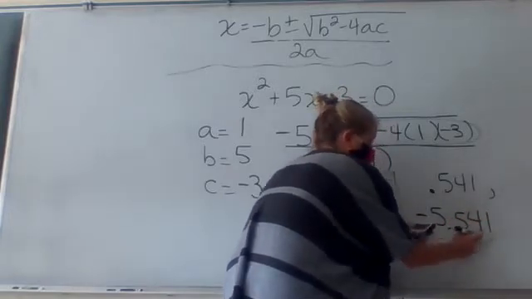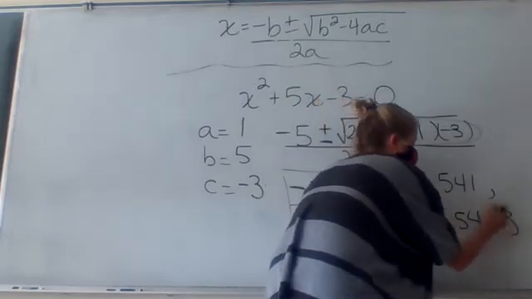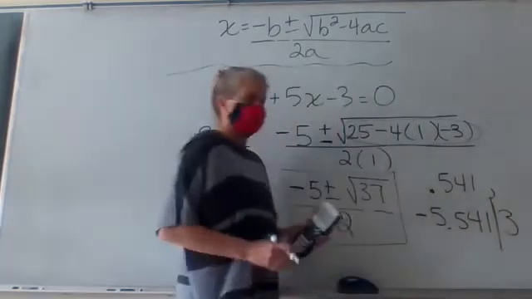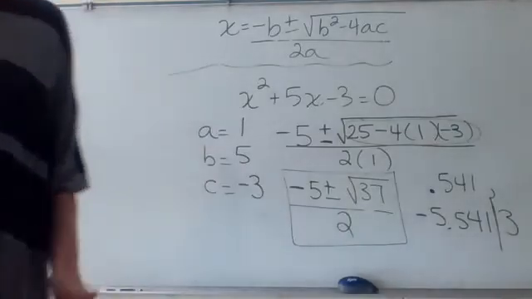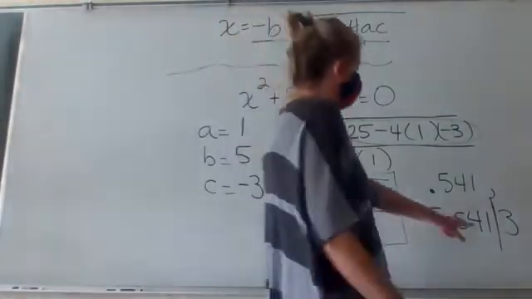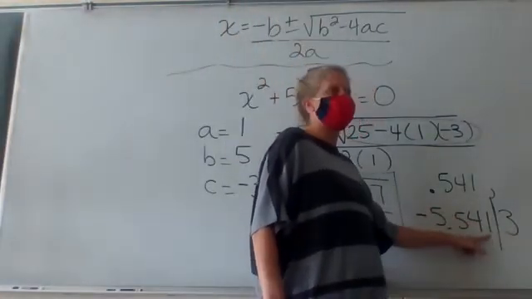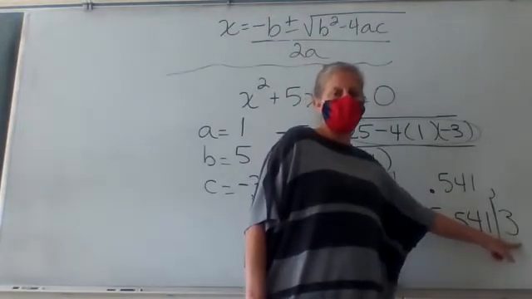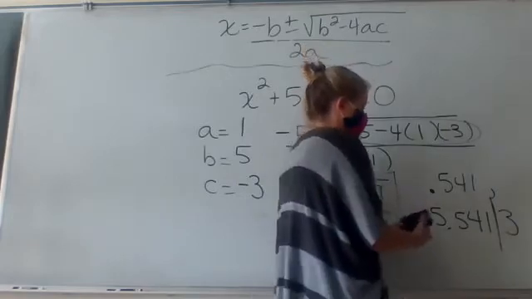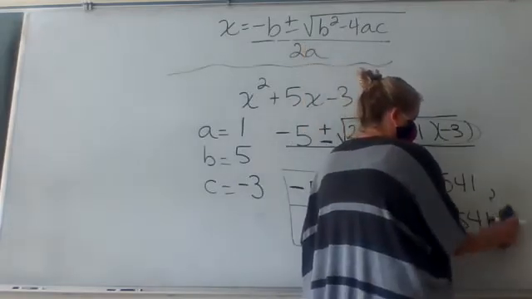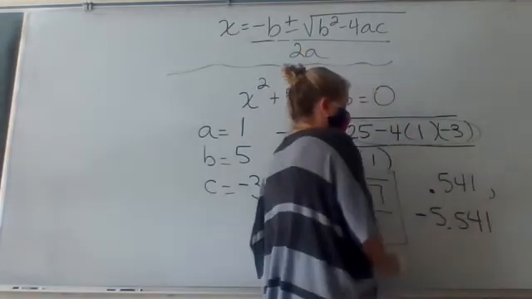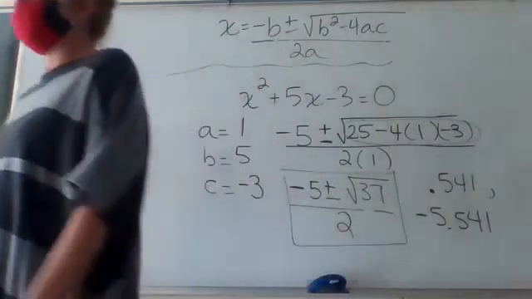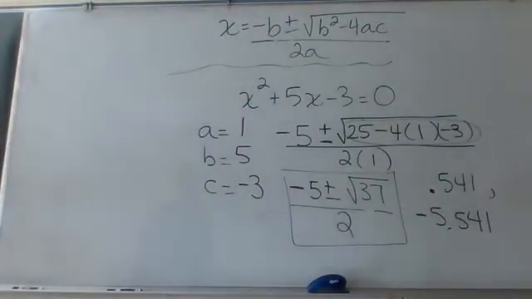So there's 3 spots. So again, I need to go one more, to see whether or not that 1 rounds up. It only rounds up if that's a 5 or higher. So since it's not, that 1 doesn't round up. So those are your 2 approximate solutions.